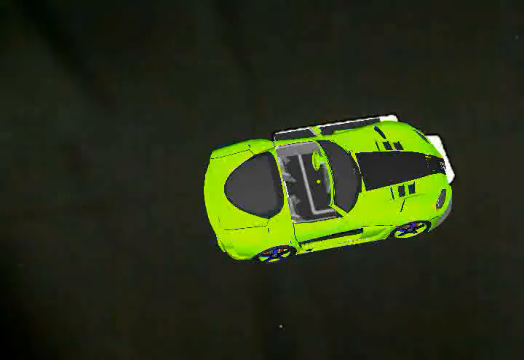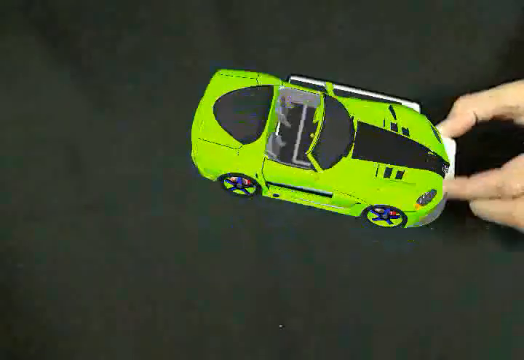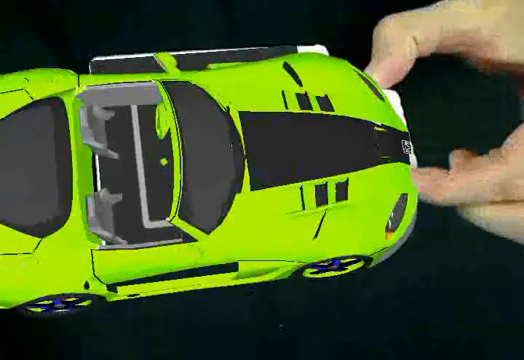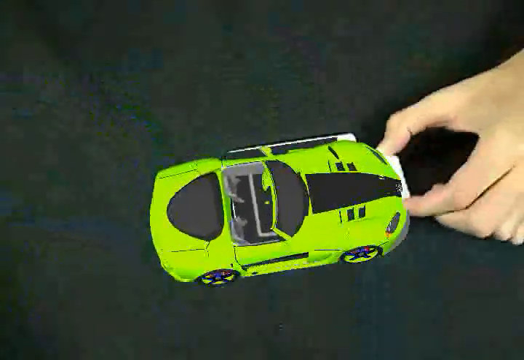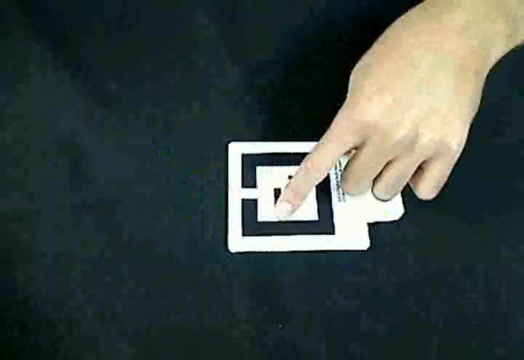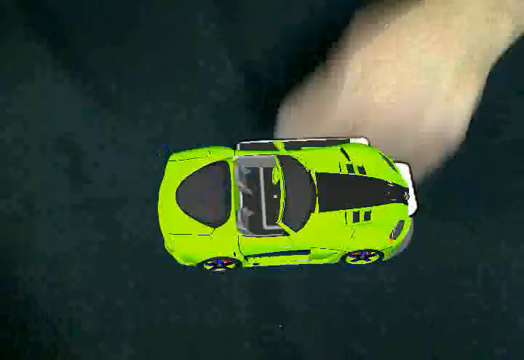And it pulls up our screen right there. And you can easily see we have our model that appeared directly on top of the paddle. If we'd like to inspect it closer, all you have to do is just hold the marker closer to the web camera. Always make sure that this black square is in perfect view of the web camera in order for the model to appear.